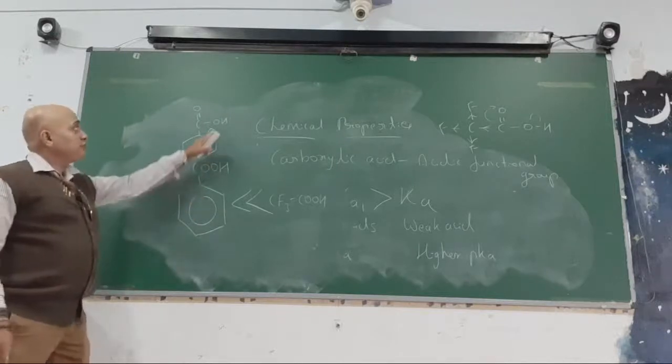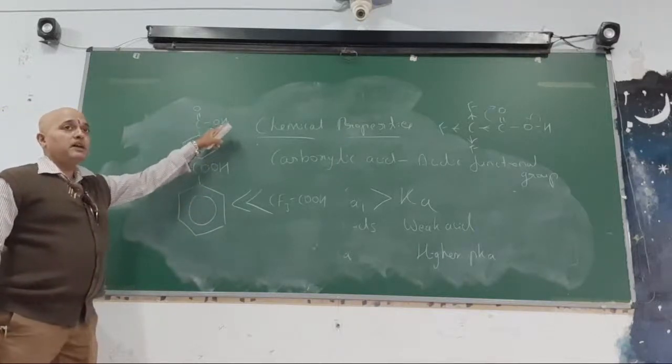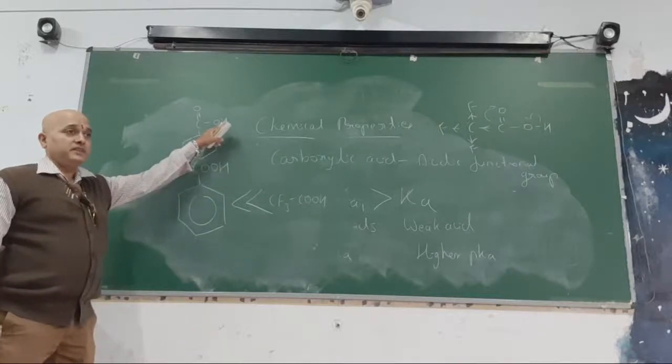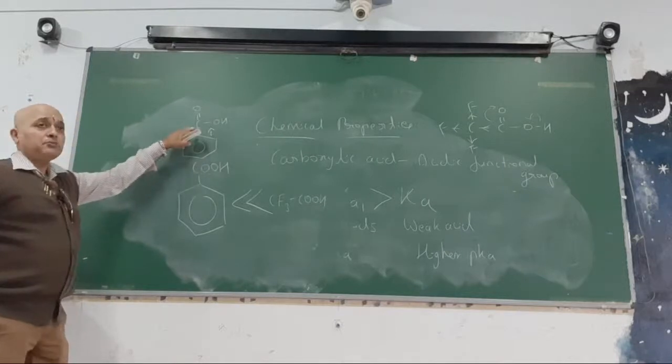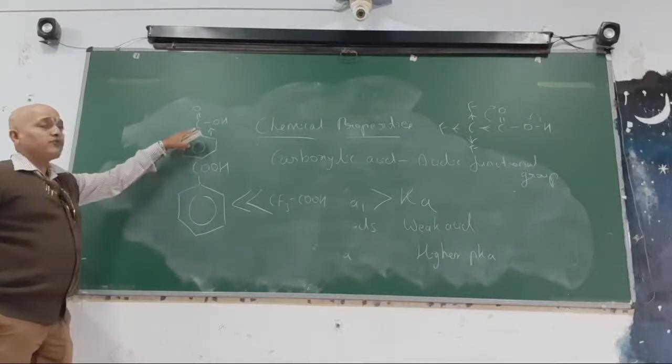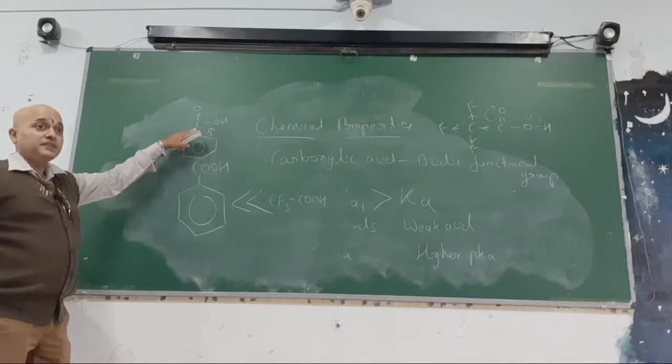So this bond will not become very weak. Until this carbon is getting a source of electron, it is going to torture this oxygen. Otherwise it will keep quiet if someone else is there.